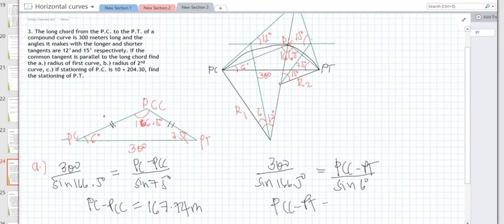So the distance PCC to PT is equal to sine of 6 degrees times 300 divided by sine of 166.5 degrees. Answer is 134.33 meters. Okay.